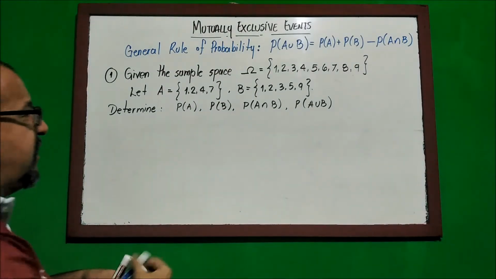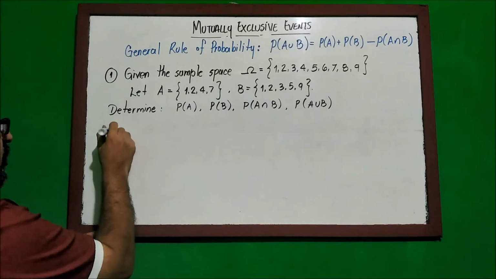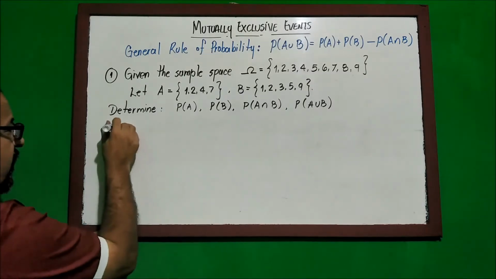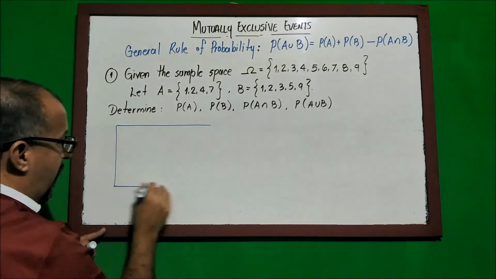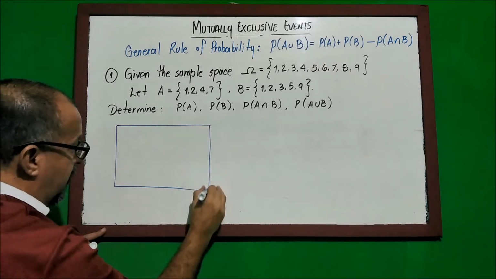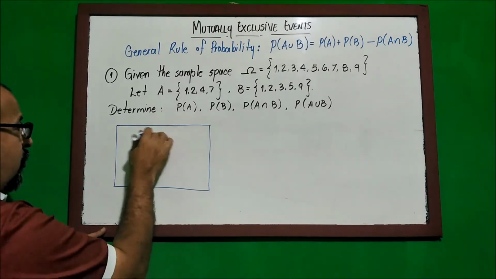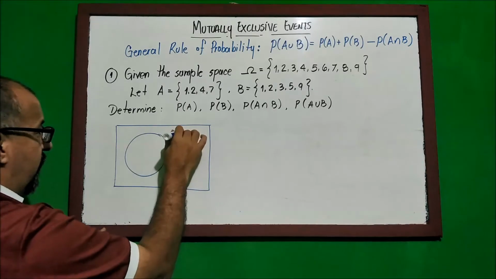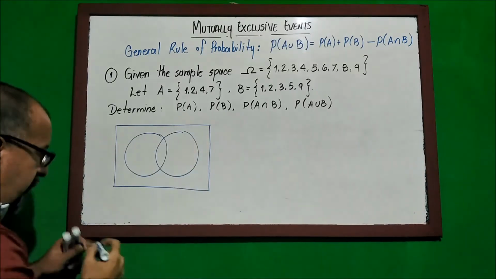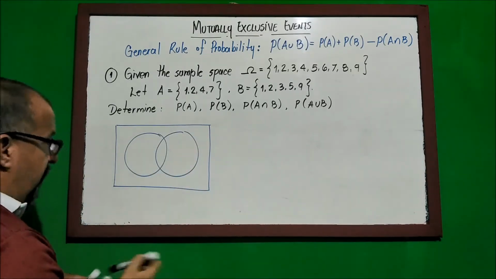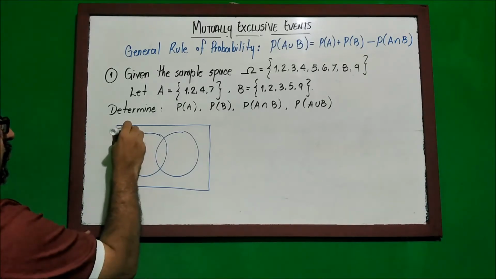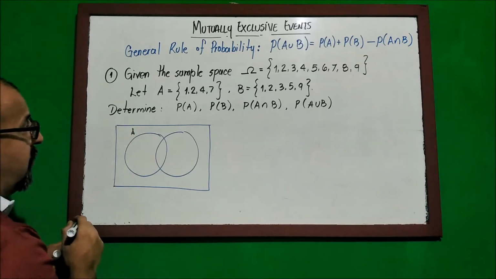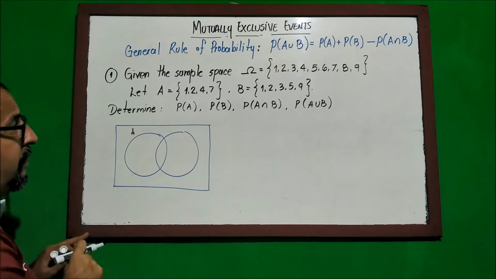So let's make a Venn diagram to identify that situation and to have a very clear idea of what is going to happen with the probabilities that we're going to analyze. So I'm going to put set A, I'm going to create set B, and then we're going to see what happens. Now, in set A, let's remember that we have the elements 1, 2, 4, and 7.